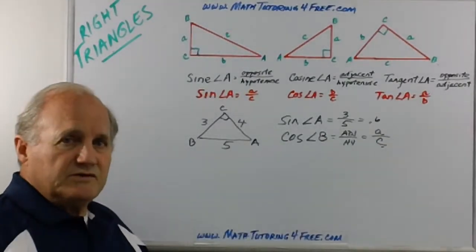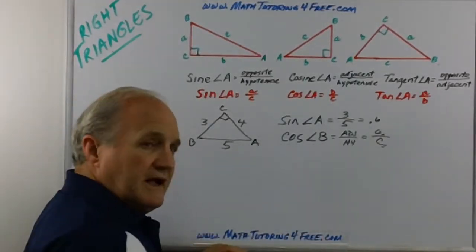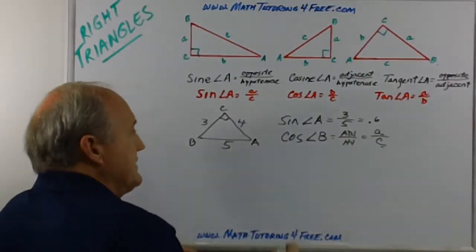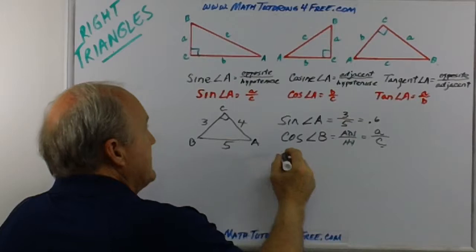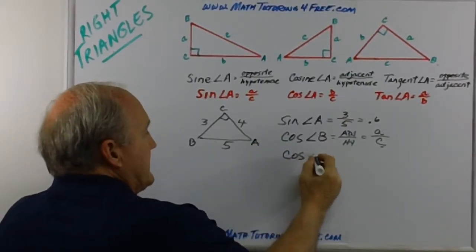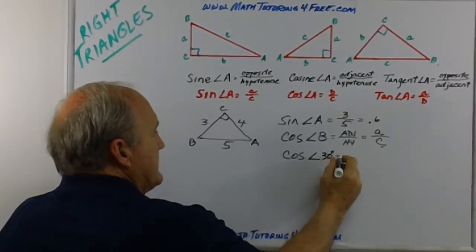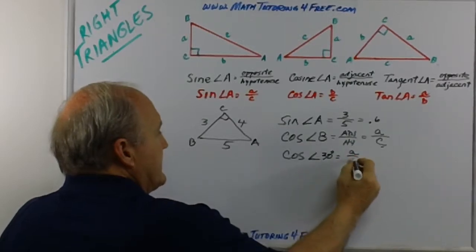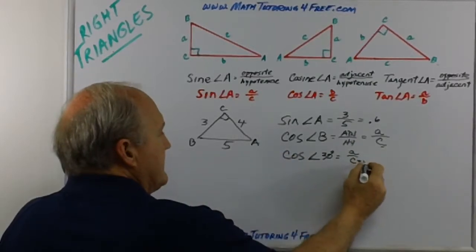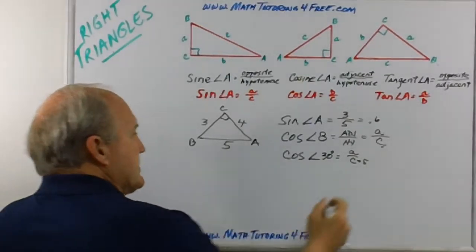We're going to use those ratios either to solve for the angle itself or to solve for one of the sides. Maybe we know the angle. For instance, let's make this up: the cosine of angle B, and B happens to be 30 degrees, is equal to a over c. If we're given that c is 5, what would we do in our calculator to solve for a?